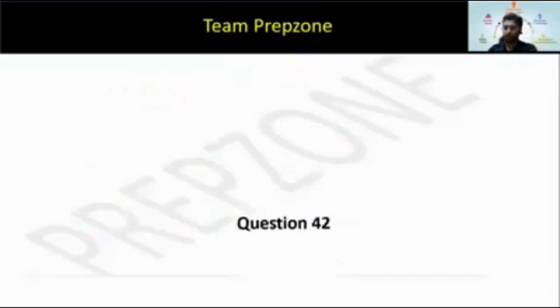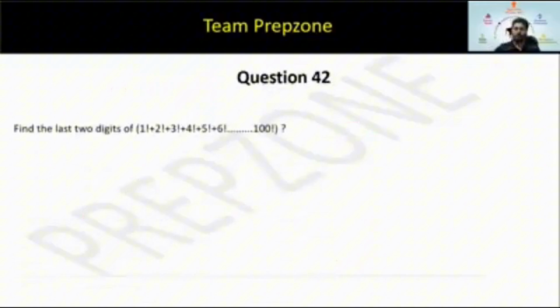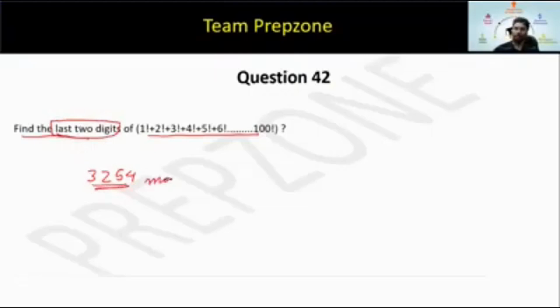No? Fine. Next question. Find the last 2 digits of this. First of all, how to find the last 2 digits? Suppose if you want to calculate the last digit of this number, what you will do? You will divide this number by 10. Why?